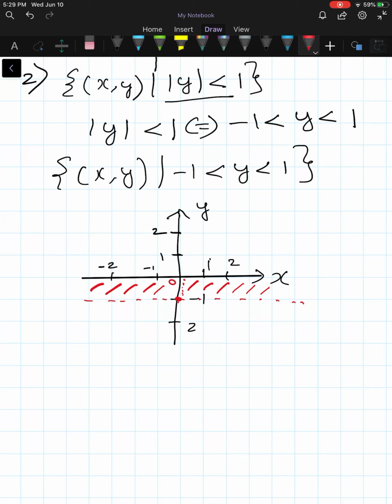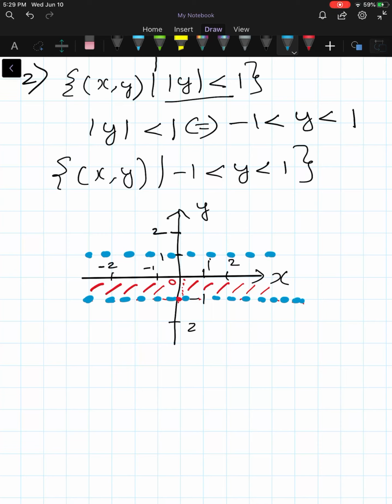Therefore shade all the region between the x-axis and -1 but not including -1. You can do the dotted line in a different color to say that it is not included in the region. The same thing applies to +1.